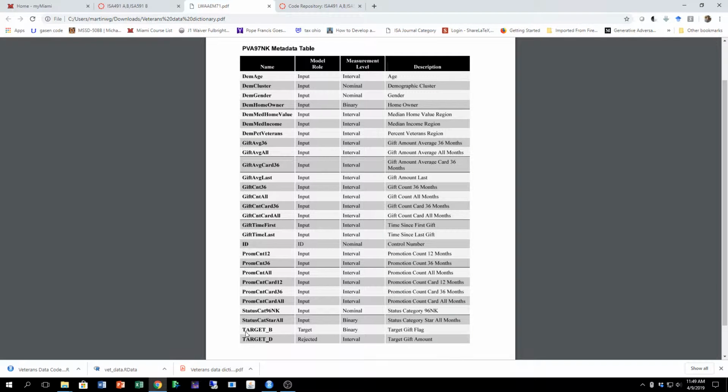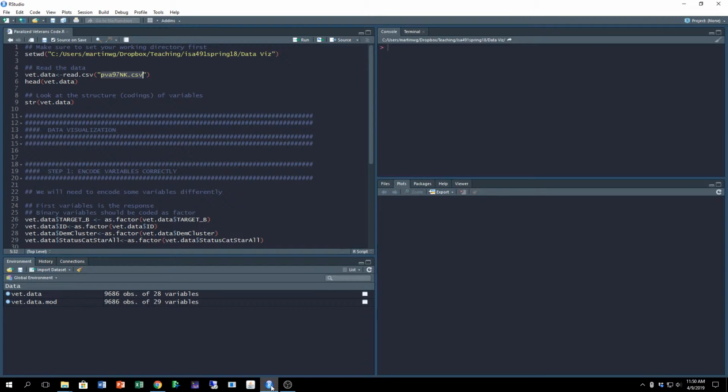Finally, the variable of interest is the target B flag, which is whether the person donated or not. Target D is the amount of donation, so this would also be a target if you wanted to do a regression on it. But for now we're focusing on the target B variable.